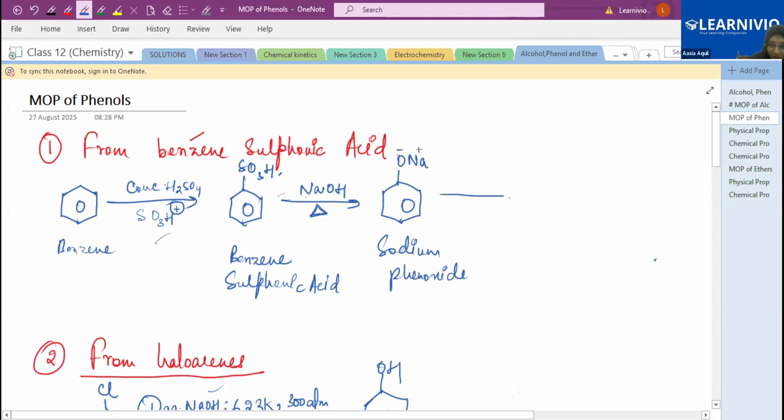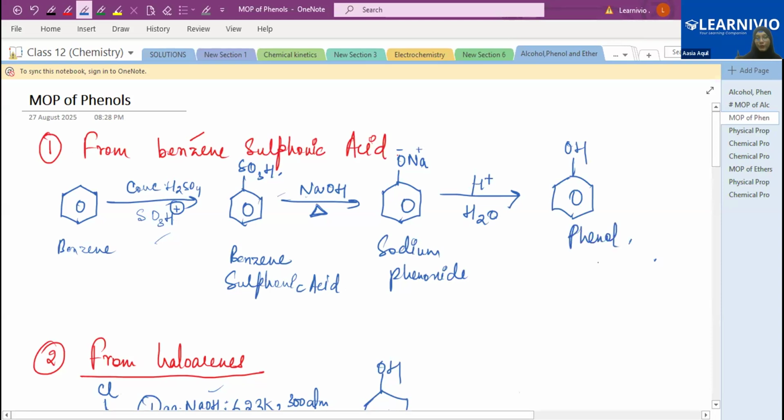Next step is acidification: when you put an aqueous acid, any acid like H2SO4 or HCl, it gives H+ ion, and you are giving water under acidic conditions. The sodium will be removed, and you will get H over here. This will be your phenol.